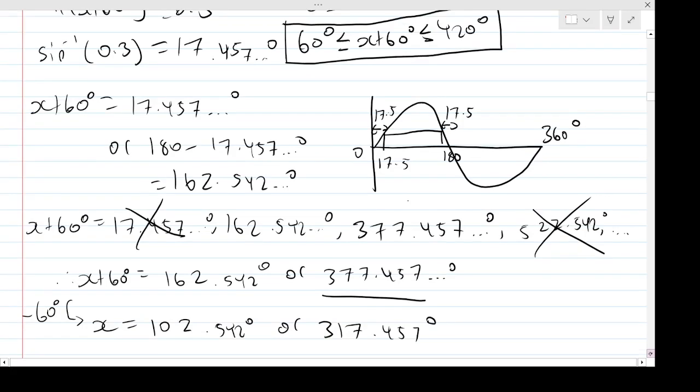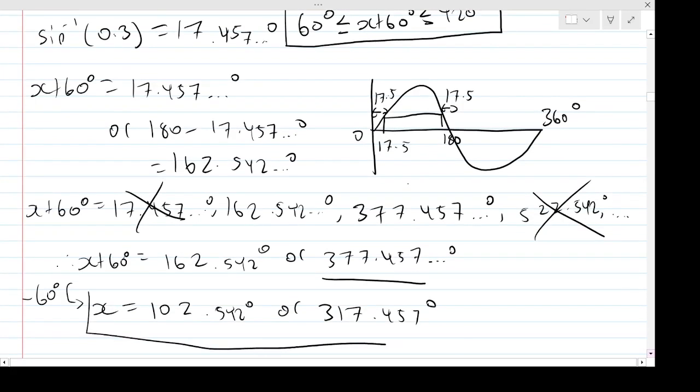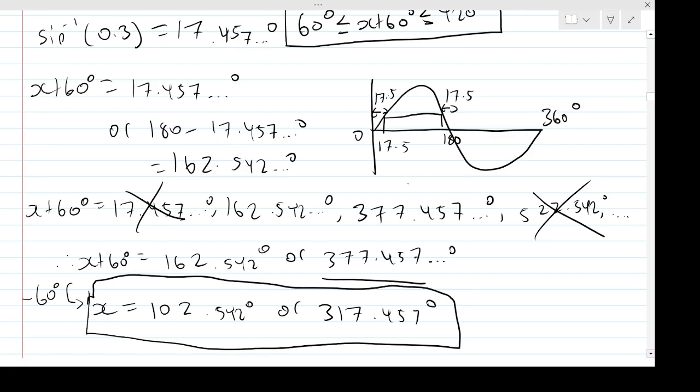So those are my solutions then. Okay, I could round it if I want to. Again, the question hasn't told me anything, so they're not too fussed. But there we are, so there's my two values then. Cool.